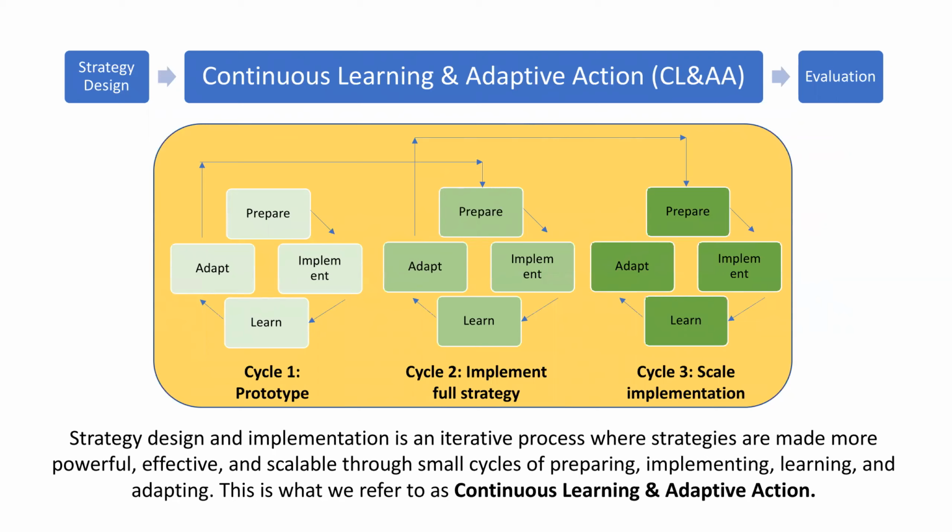This is important because in complex systems and with complex problems, we can never really know what will work and what won't. The best we can do is design strategies that target specific system root causes, then embark on a continuous learning and adaptive action process to discover what will actually work. At the core of our continuous learning and adaptive action process is the PILA cycle. Let's do a quick review.